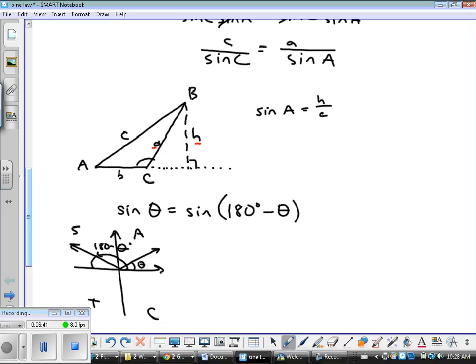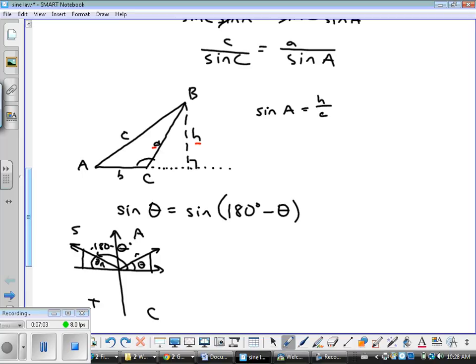And so you can see that the supplement of this angle will have the same sine, because they have the same y value and the same r value, and the only thing that's different is that the x would be negative. So they are not going to have the same cos, but because sine is y over r, you're going to have the same value for those.